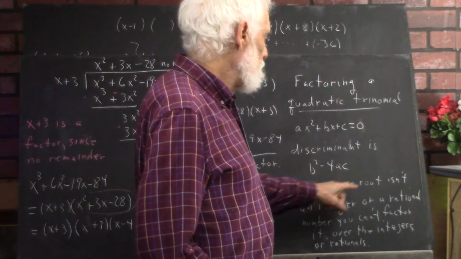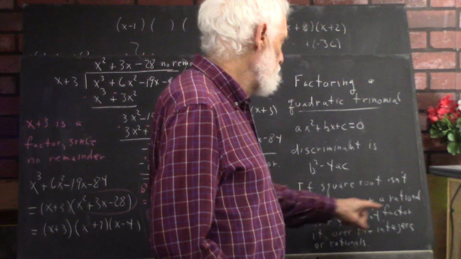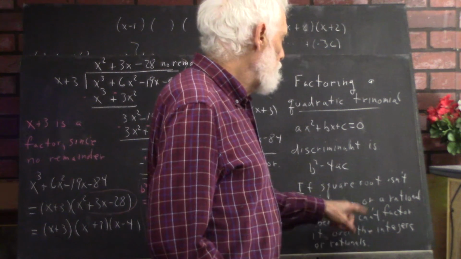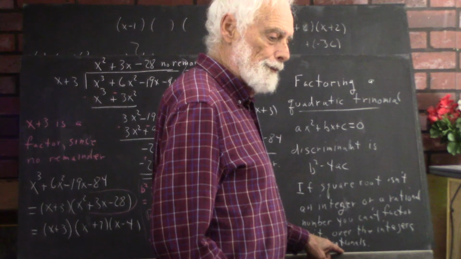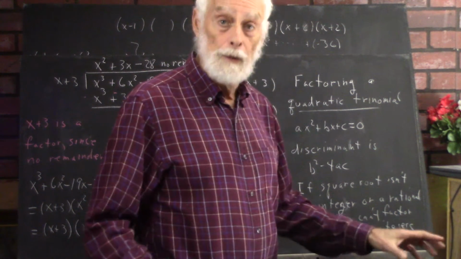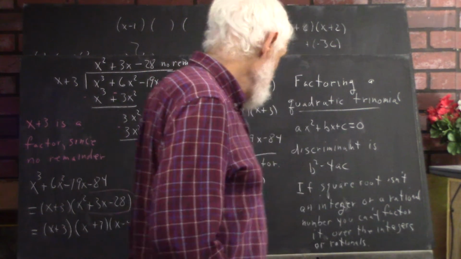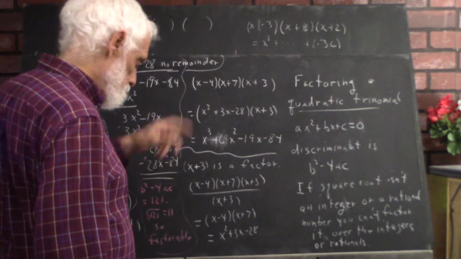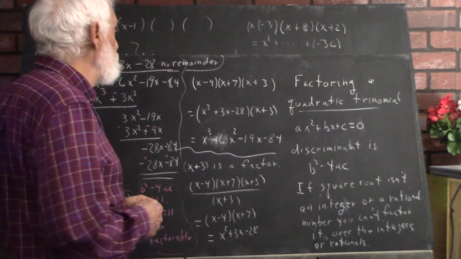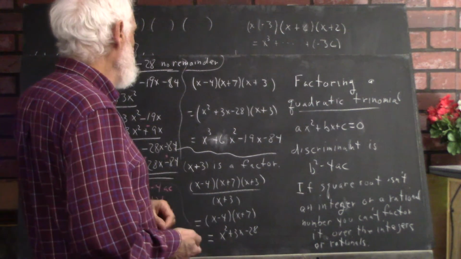So we say if the square root of the discriminant isn't an integer or a rational number, you can't factor the thing over the integers or the rationals. Now you can factor it over the irrationals. Quadratic formula gives you the factors. And we'll see that in the last video. Okay, now let's just do an example.